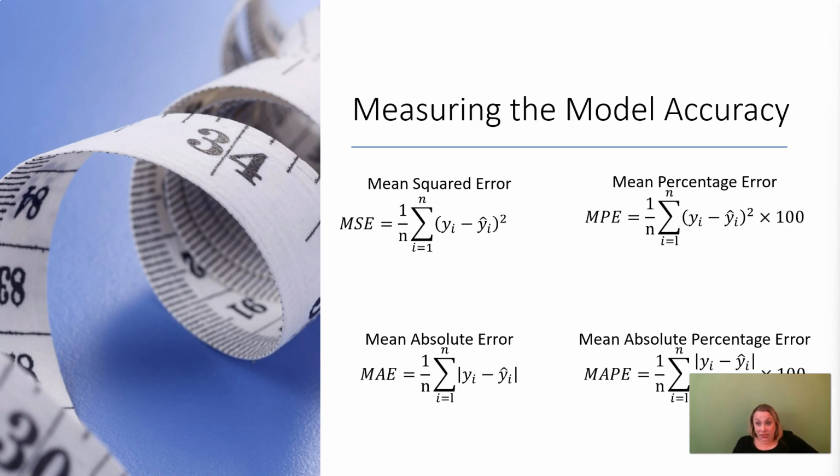The mean percentage error is going to be the mean squared error multiplied by 100 to get your percentage. The mean absolute error is going to be the average of the absolute values of each of the prediction errors, with the mean absolute percentage error being the mean absolute error multiplied by 100. And regardless of the measure that you end up using, better models tend to have low error values for all of these measures.